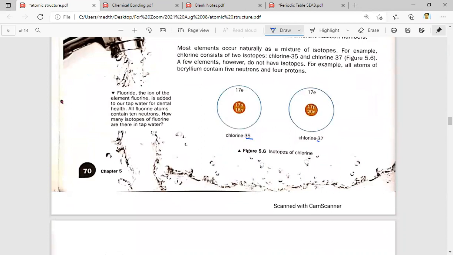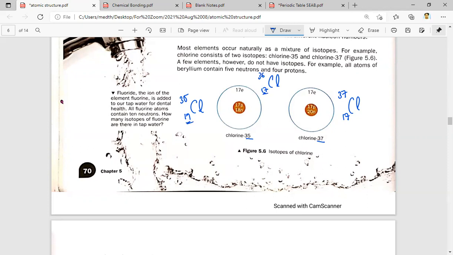This is Cl 17, 35. This is Cl 17, 37. Now, if I were to ask you, can you give me another isotope of chlorine? It's actually very simple. You've got 35, 37. Another possibility can be Cl 17, 36.